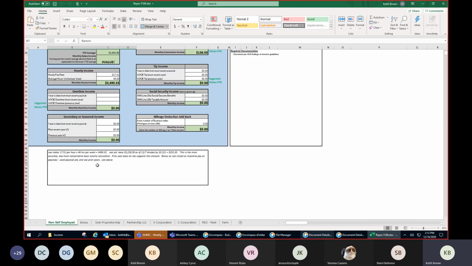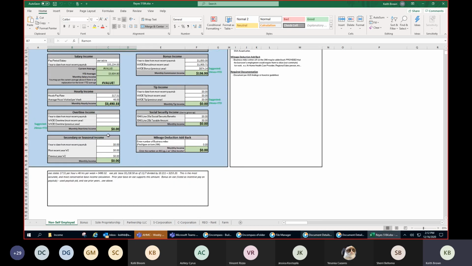So what I did here, you'll see my comments down here. The VOE states $17.51 an hour at 46 hours per week, which is $34.90.32, which is right here, okay? The VOE year-to-date base, 33,218.50 as of 11/7, okay?